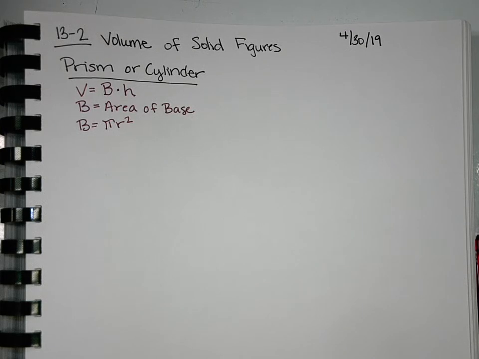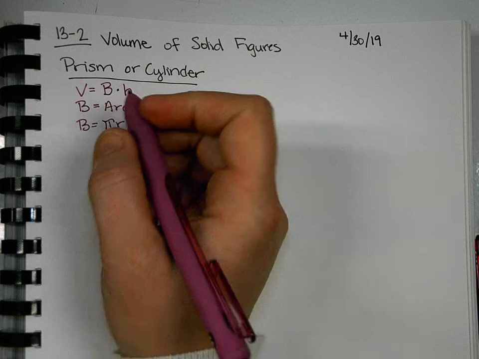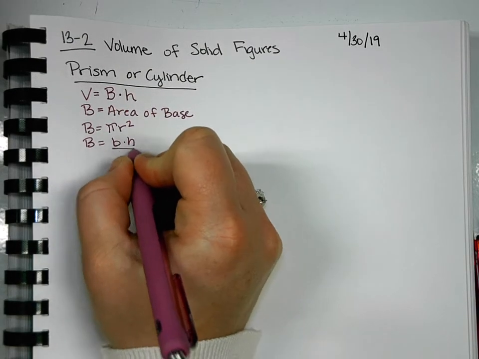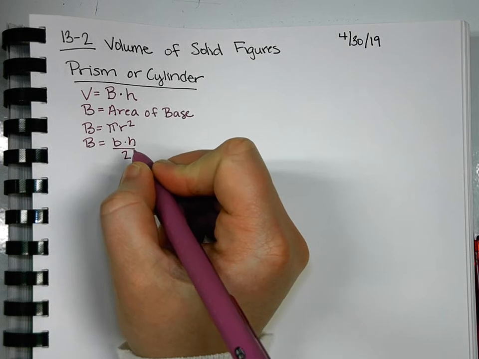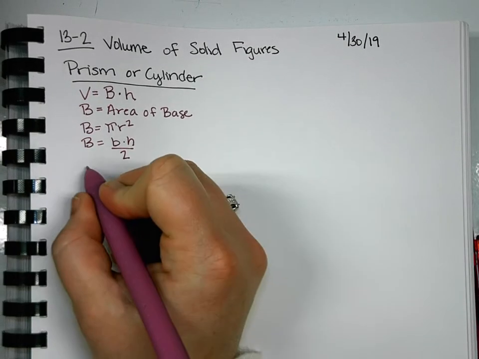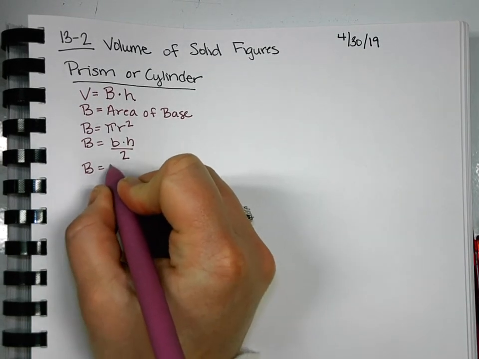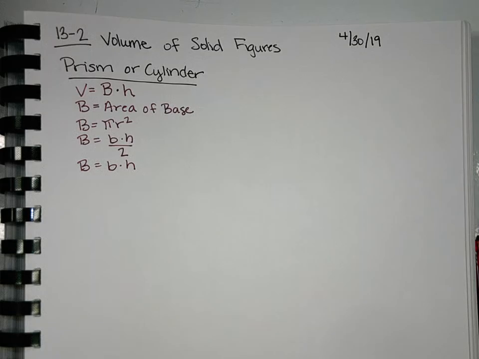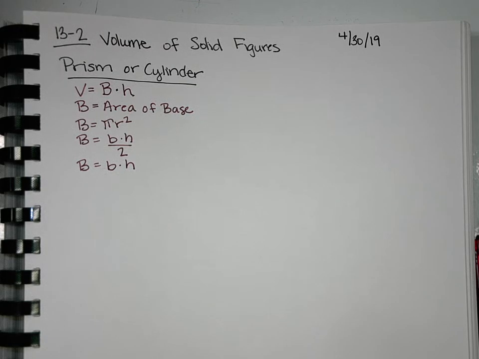So something with triangles on the bases. We would use base times height over 2. What if it was a rectangular base? What would it be? Just base times height. So big B can be any formula as long as it's the area formula for the base of your shape.